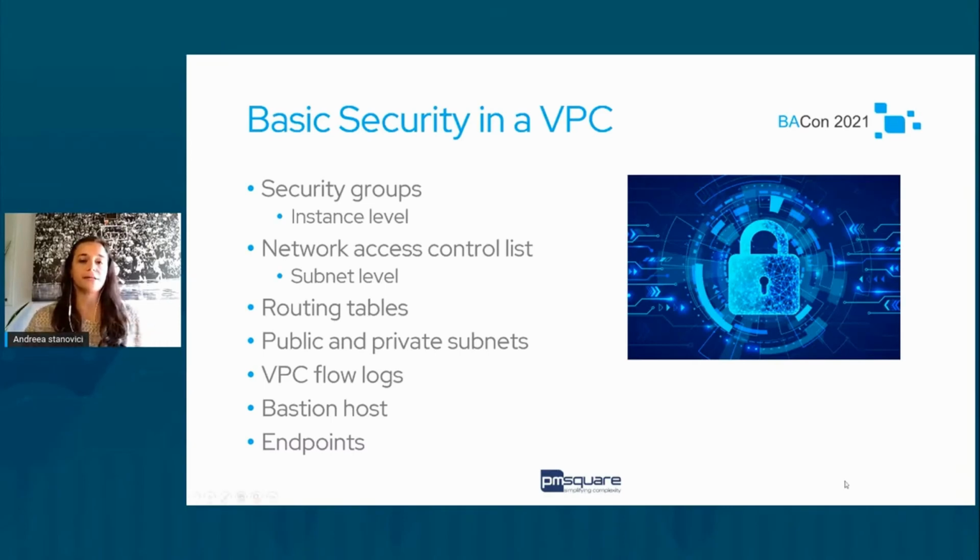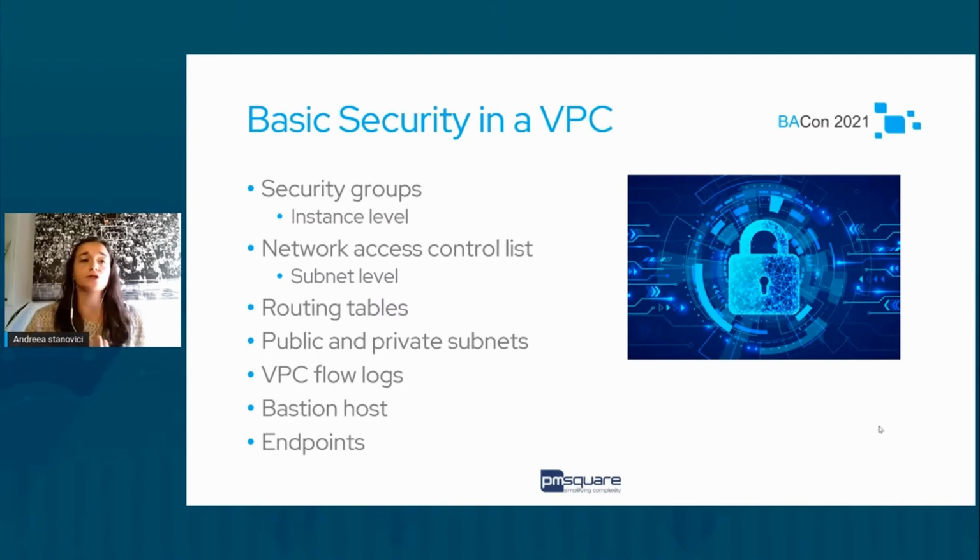Also, in regards to routing tables, the way to make a subnet public is by including a route from that subnet to the internet gateway. So that is one way that you would make the subnet public. However, you only want to do this for your public-facing instances and not for your private instances or the location that you're storing your data. That's just general best practice.